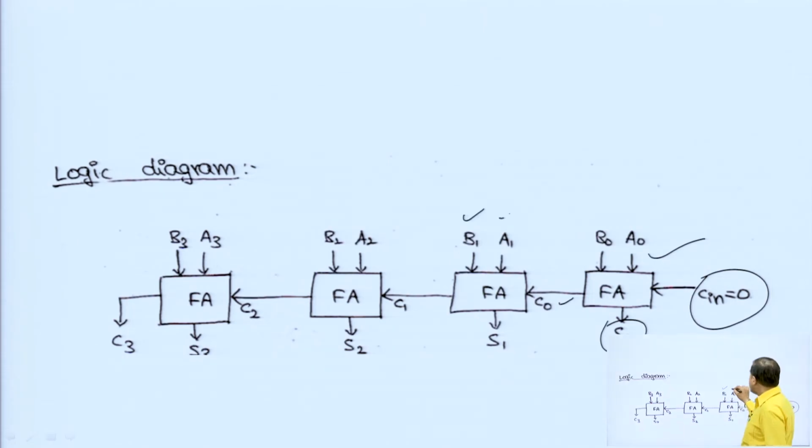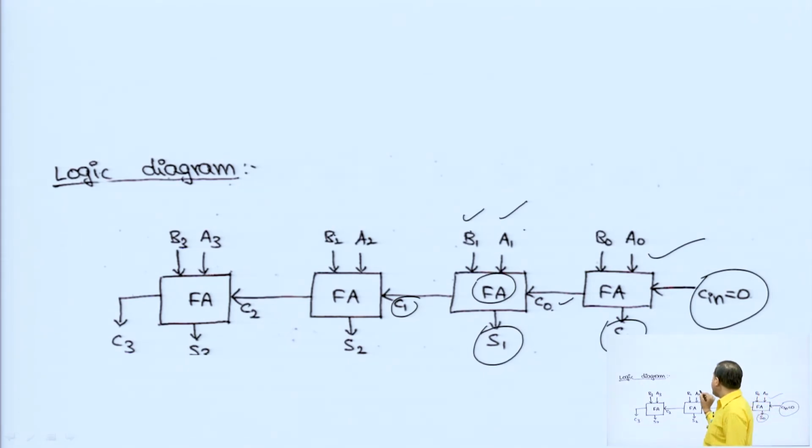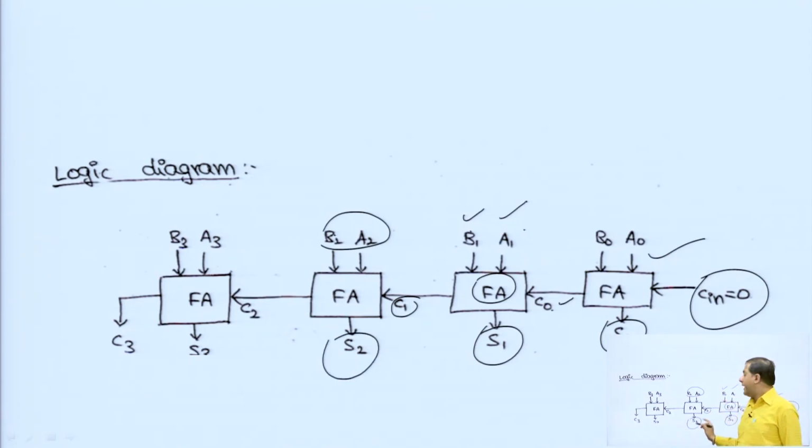Here the inputs are B1 and A1 and addition of all 3, C naught, A1 and B1 will be giving the output as S1. Again carry C1 will be going to the next full adder. Here the inputs are B2, A2. So, it will be added with B2 and A2 and will be giving the output sum as S2.